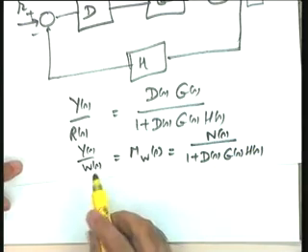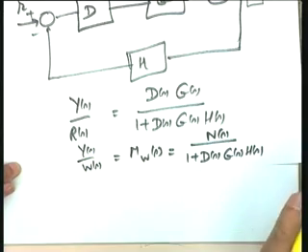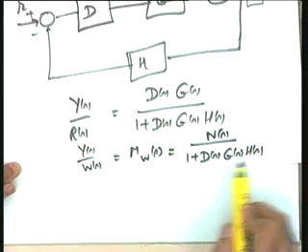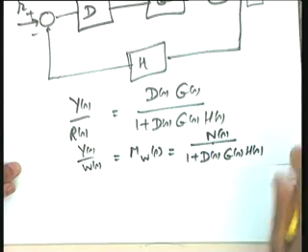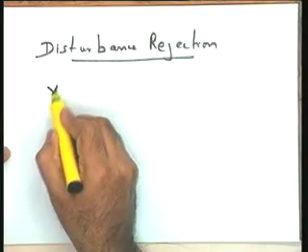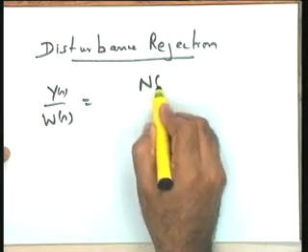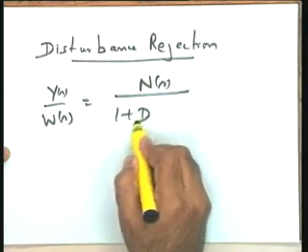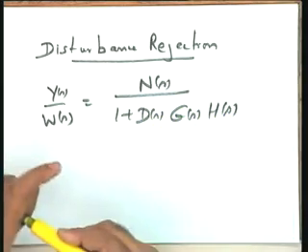I leave it to you that Y(s)/W(s), the transfer function between output and disturbance, is given by this function N(s) divided by 1 plus D(s)G(s)H(s). Okay. Now let me concentrate on this. Y(s)/W(s) equal to N(s) over 1 plus D(s)G(s)H(s).